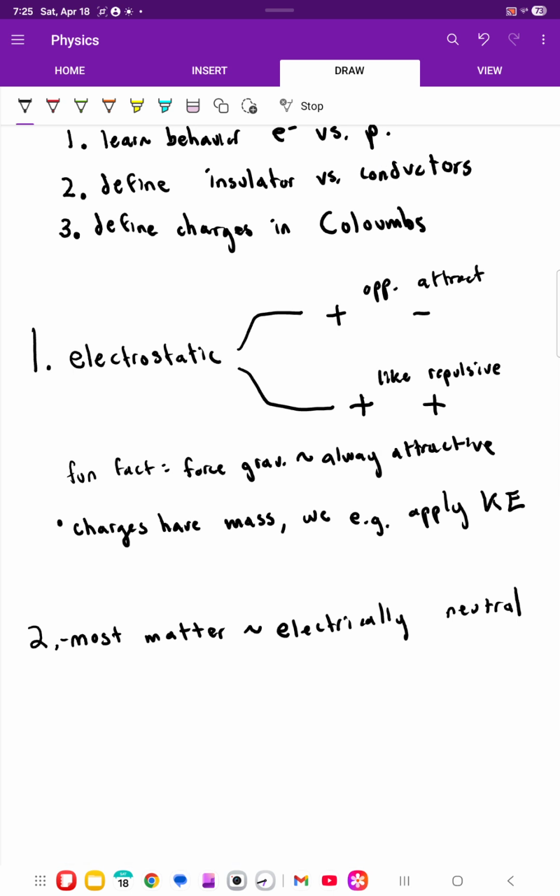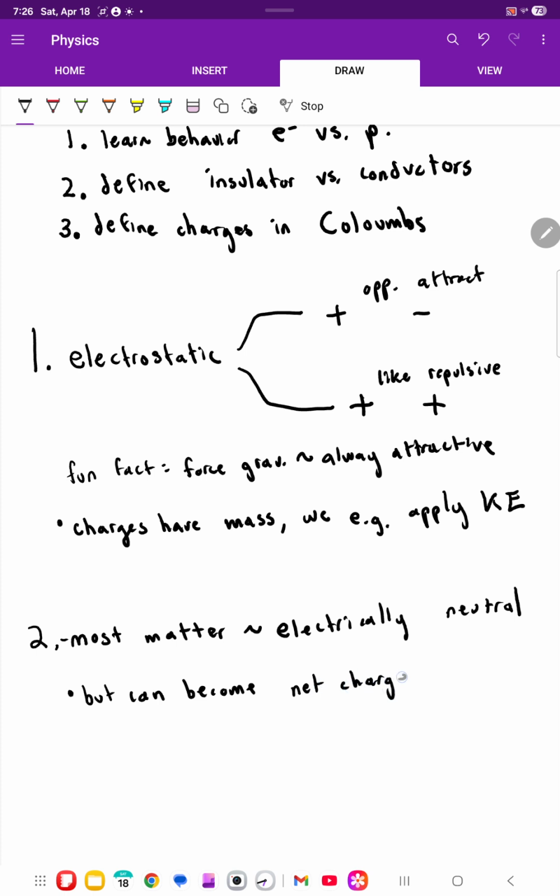Okay, turns out that most matter is electrically neutral. What else do we know? We know that though most matter is electrically neutral, it can become net charged.